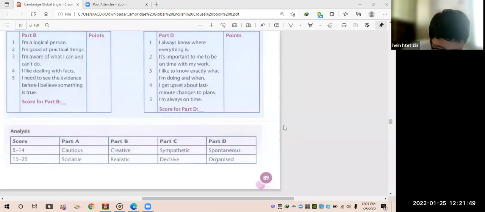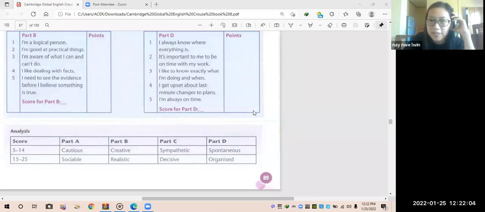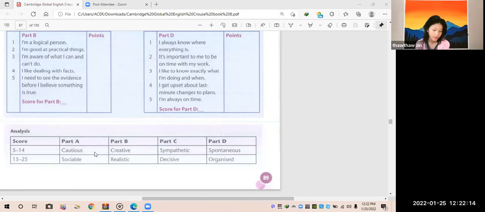For part A, I got 16, so I'm sociable. Part B, I got 17, I'm realistic. Part C, 17, decisive. Part D, 18, so I'm organized. Yes, you're organized. Okay, this time, Totosin. For part A, I got 18, so I'm a sociable person. For part B, I got 12. I'm a creative person.